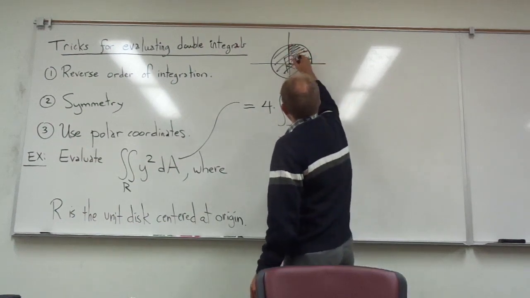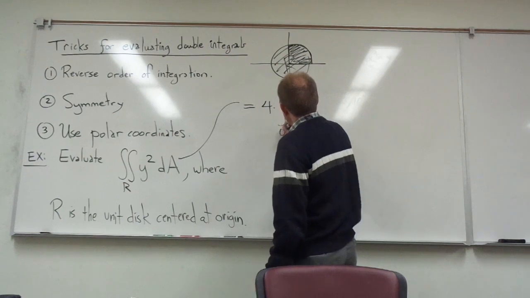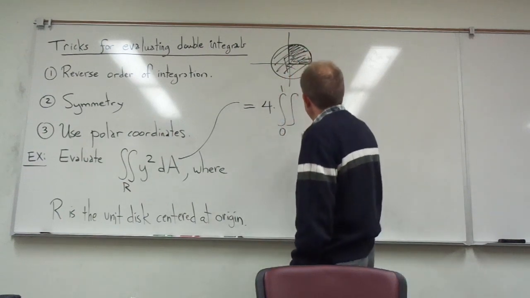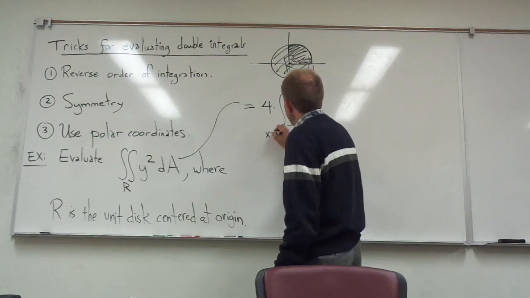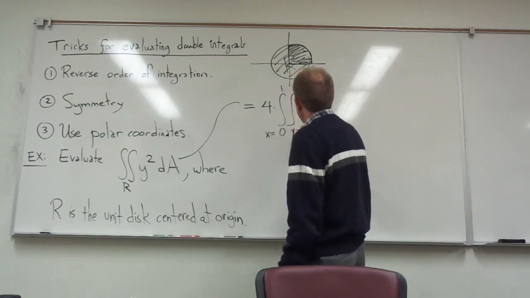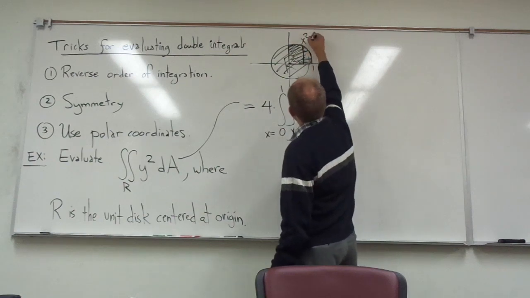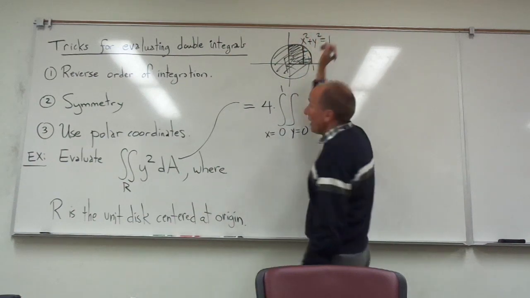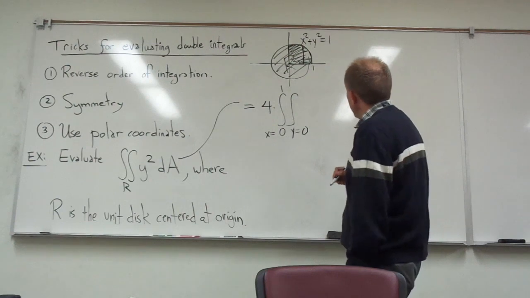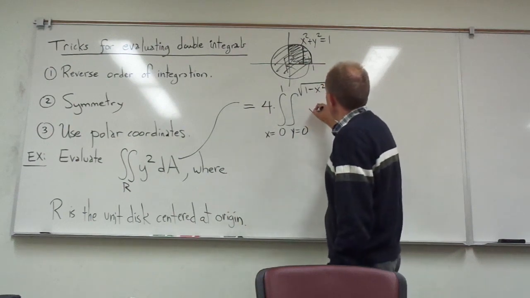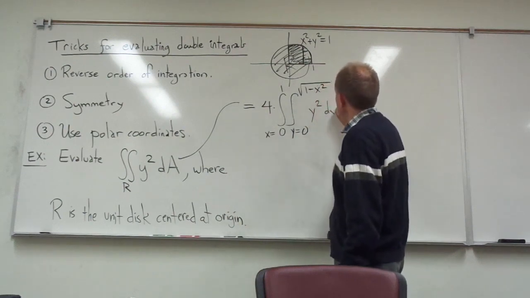For this first quadrant, x is going to go from 0 to 1. This is a circle of radius 1. And then y is going to go from 0 up to the circle. Now the circle has an equation like that. And when I solve that for y, you see I'm getting a limit of integration that isn't so pretty.